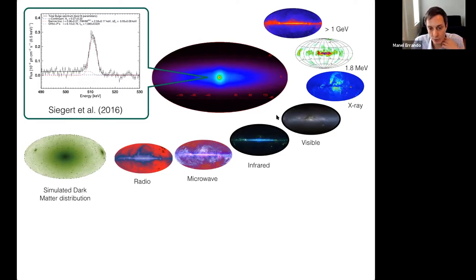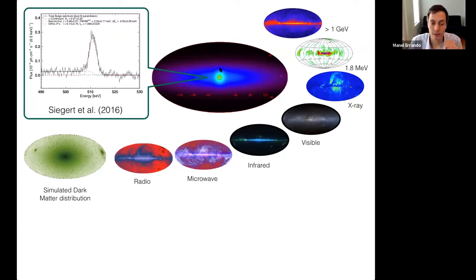Along the disk, which would be on this axis, we see bright emission from stars. And when we look away from the center of the galaxy, we see fewer stars, right? So could stars be producing these positrons? Well, not quite, because the disk is much narrower than this broad blob of positrons that we see.